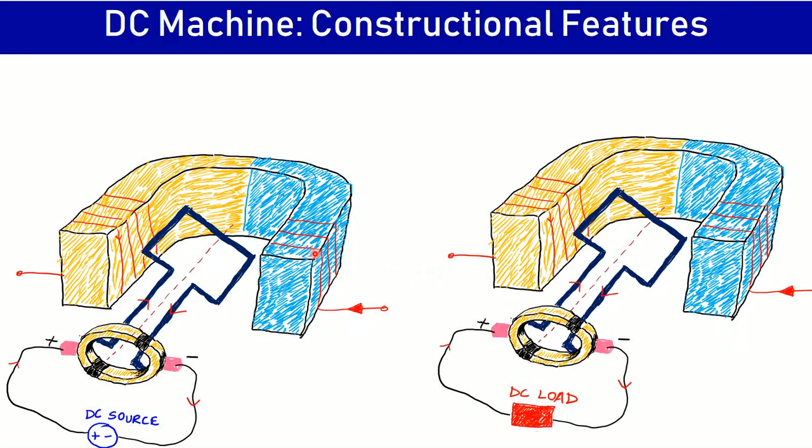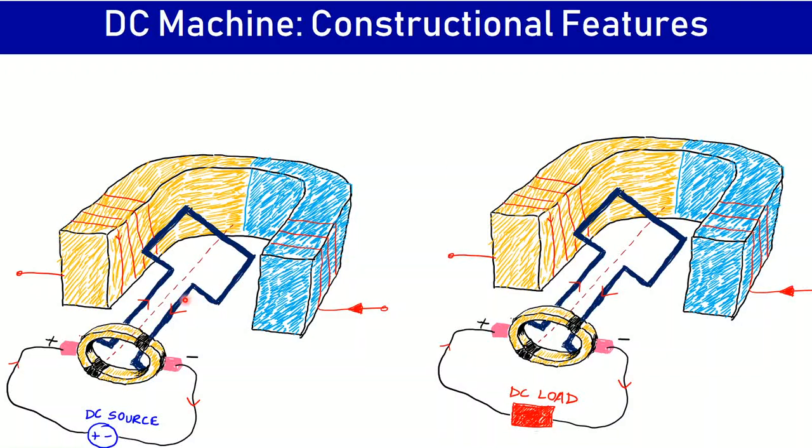While explaining the working principle of a DC motor and a DC generator, we took help of a simple arrangement which consisted of a permanent horseshoe magnet. We also discussed that in practical machines, we don't use permanent magnets, we use electromagnets. And of course, the shapes are different in a practical machine.